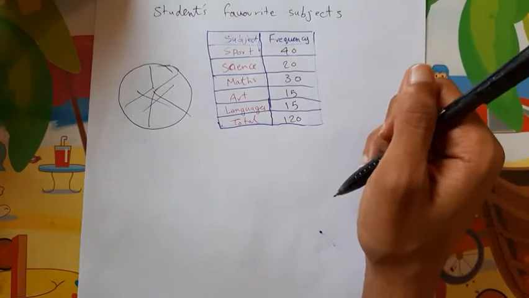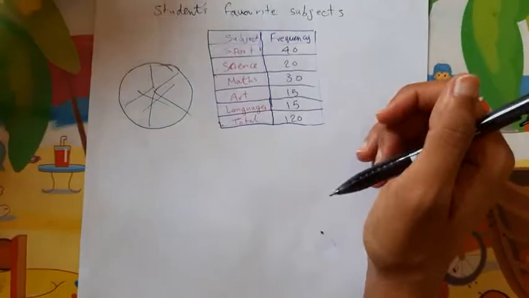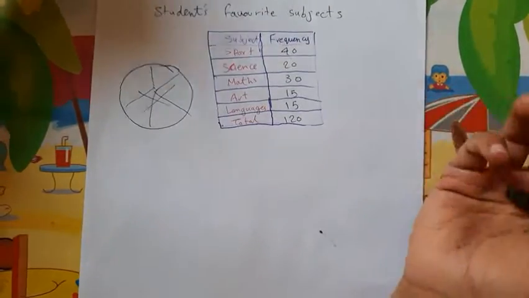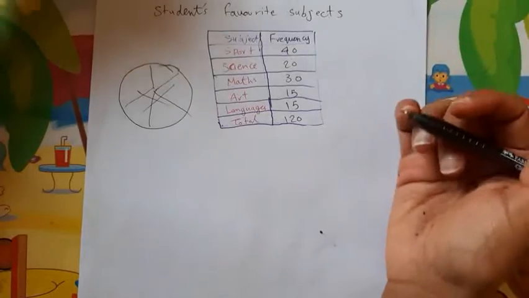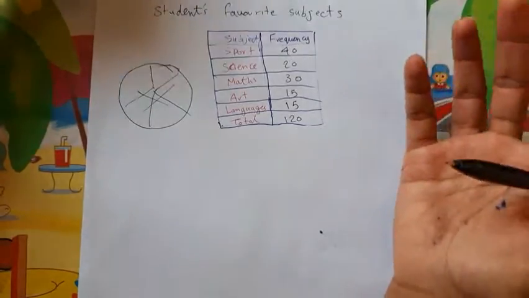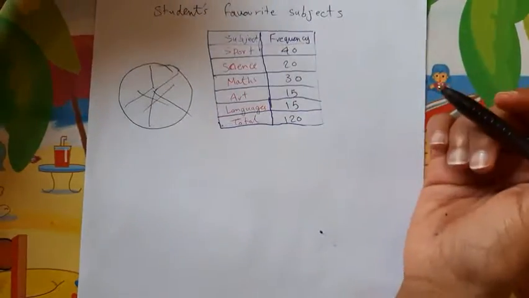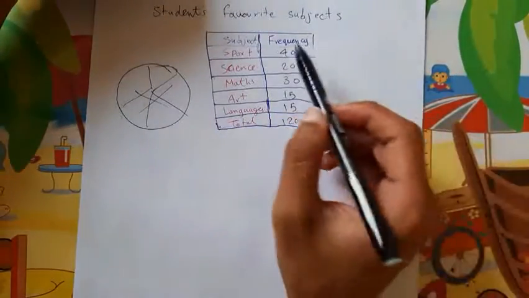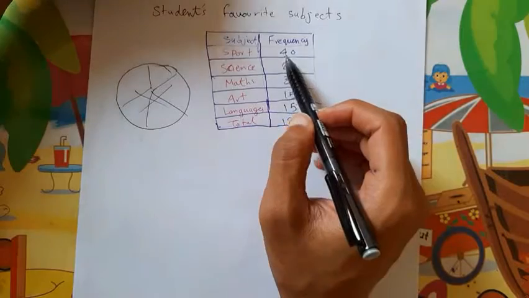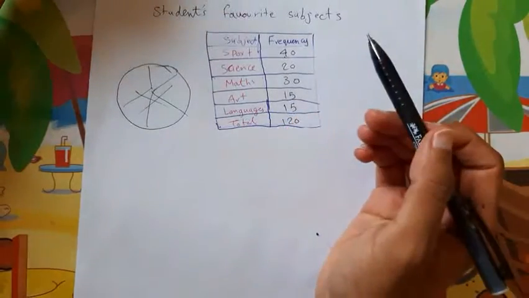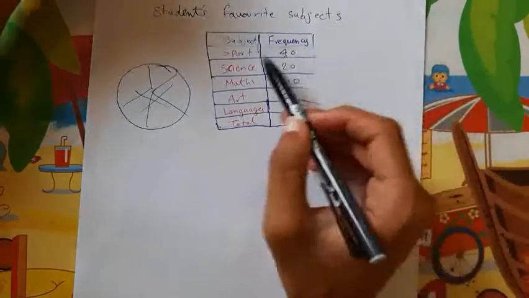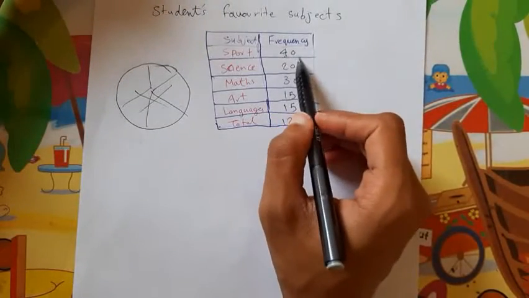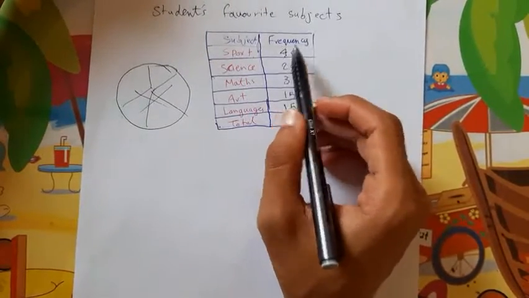How to do that? If you still remember the fractions that we studied in grade 6, how to represent a number as a fraction. Fraction means a part of something, right? So, for example, the sport: how many students preferred the sport as a subject? For example, 40 students, out of how many students?